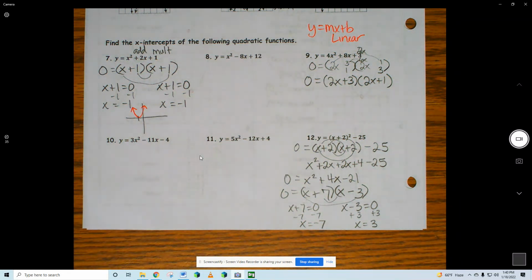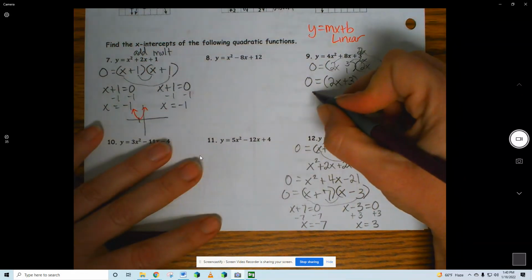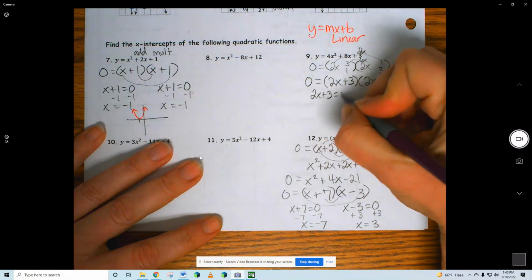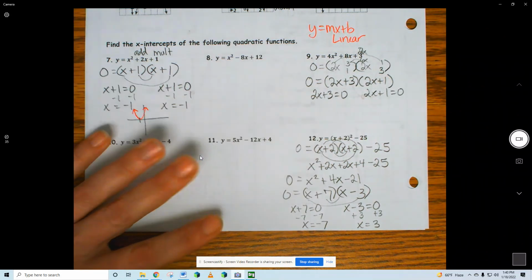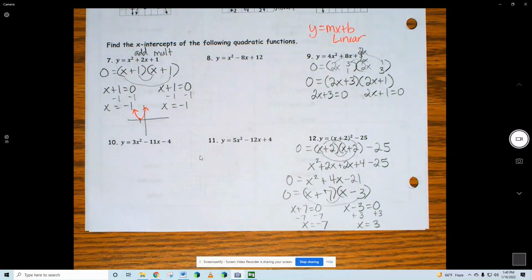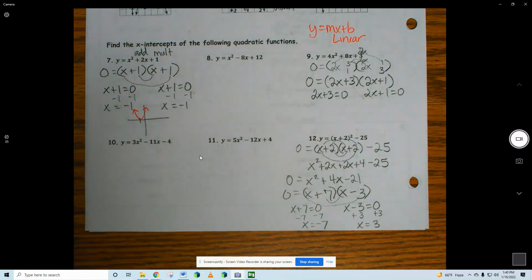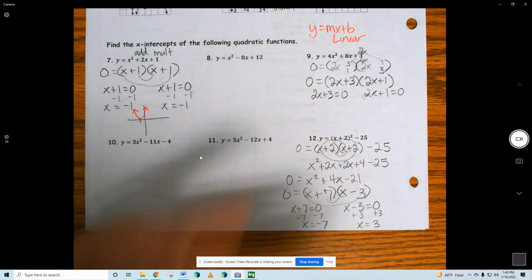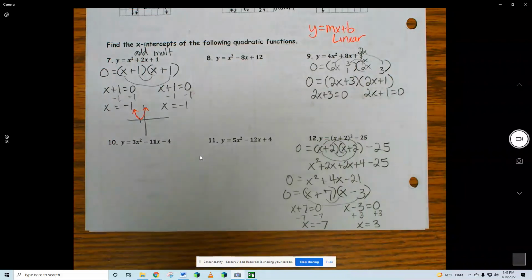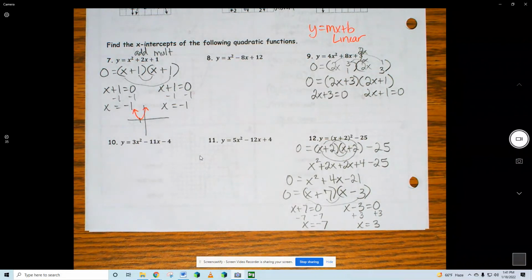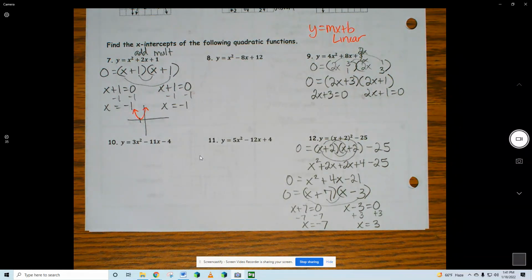So, 2x plus 3 equals 0. 2x plus 1 equals 0. And then just solve for x. This, though, I don't want you to just copy off me. Isolate the x, move the 3.